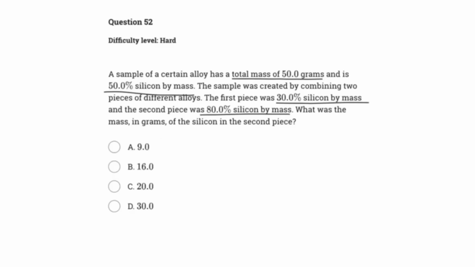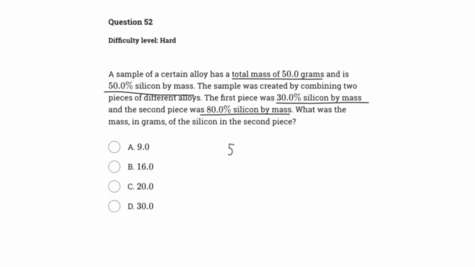So to solve this problem, we need to set up a system, right? So what we know now is that the first piece and the second piece make up this certain sample of alloy. And so what we can determine is that the total mass, this is pretty much the only information we're given in terms of actual mass, is that the total mass of the alloy is 50 grams.